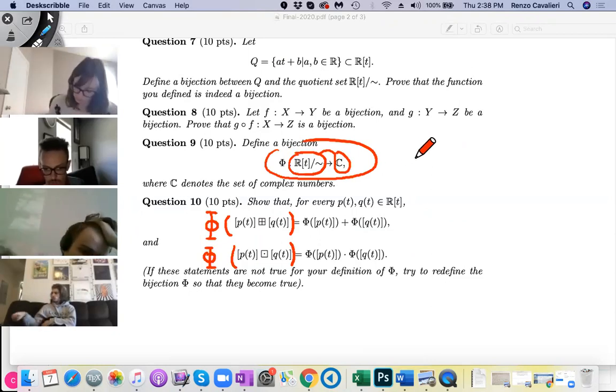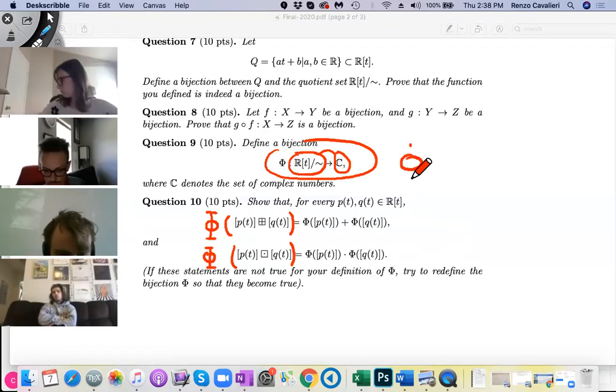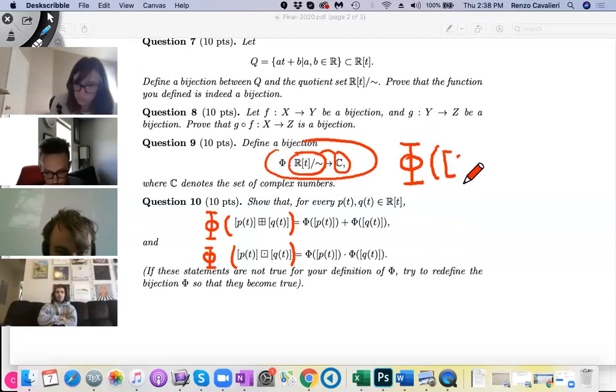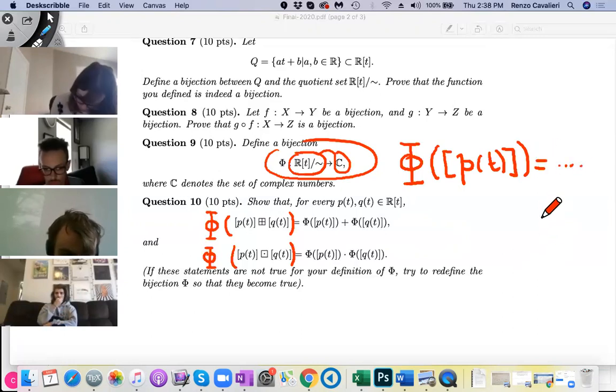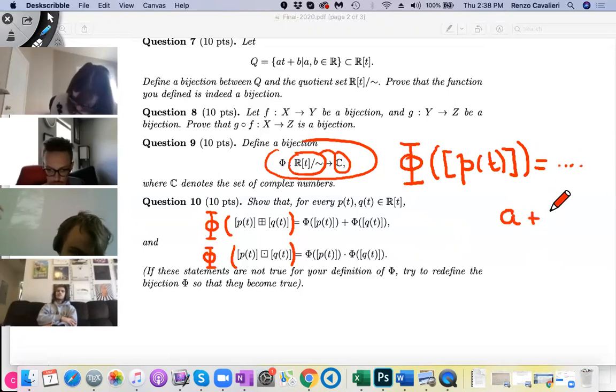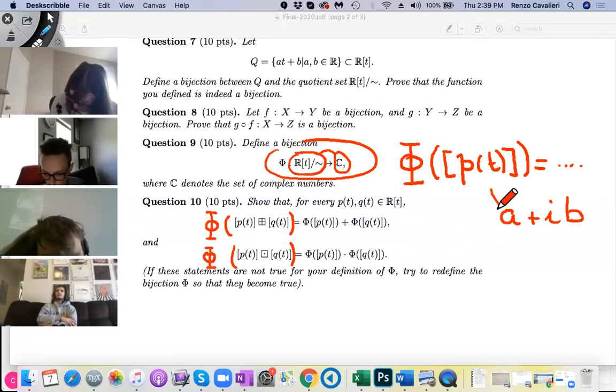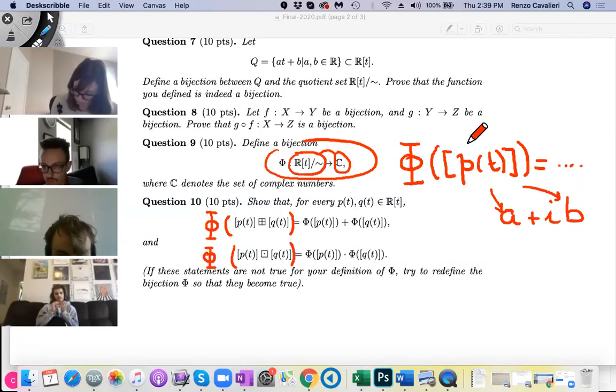Basically here you have to tell me, if I have phi of an equivalence class, P of t, this should define a certain complex number, some a plus ib, where a and b must be computed using p, so that whatever polynomial you give me, I know what a and b to choose.